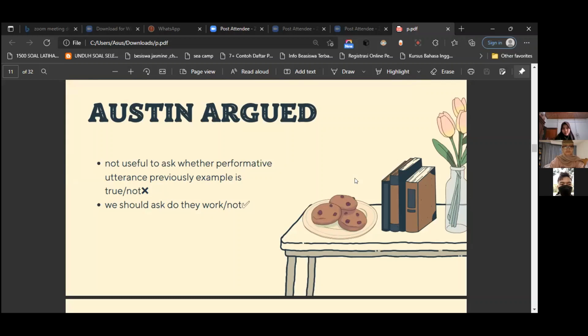The speech act example I gave before is not a statement about true or false, but about whether it works, whether it is understandable or not. So that's it. Next slide, please.